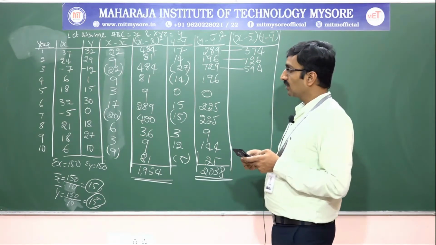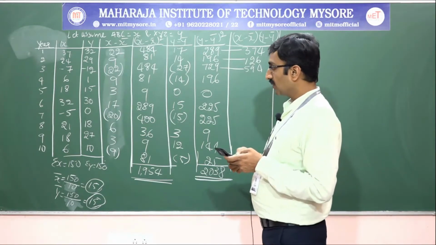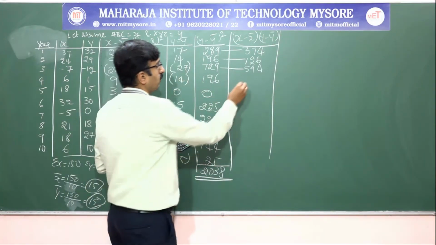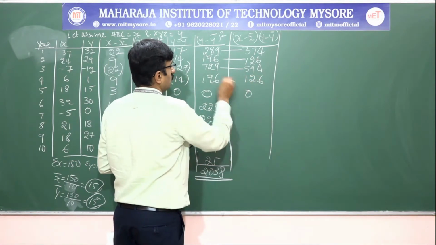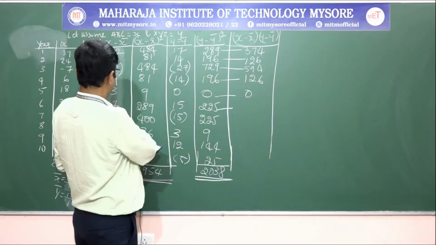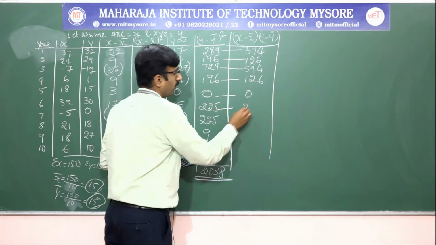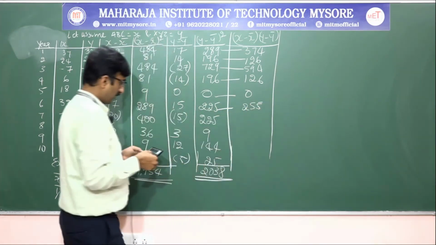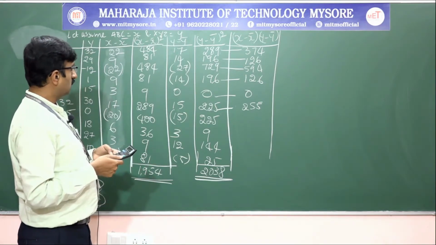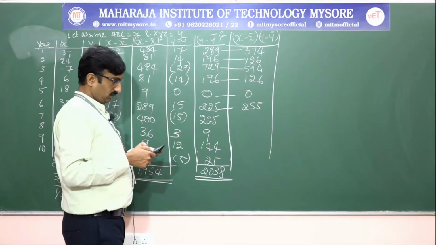Next, same thing you do for the remaining. So you are going to get 126. It is 0. 225. For that, how much will you get? 17 and 15, multiplication of that, how much will you get? 255. Then minus 20 into minus 15, so you are going to get 300.